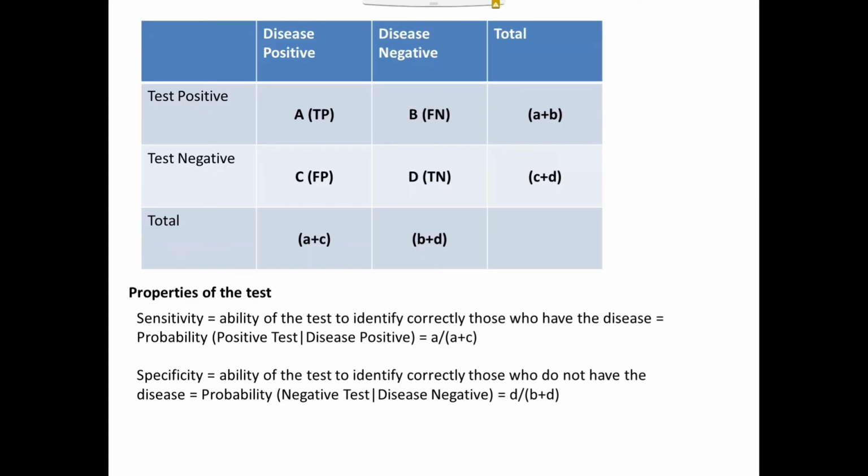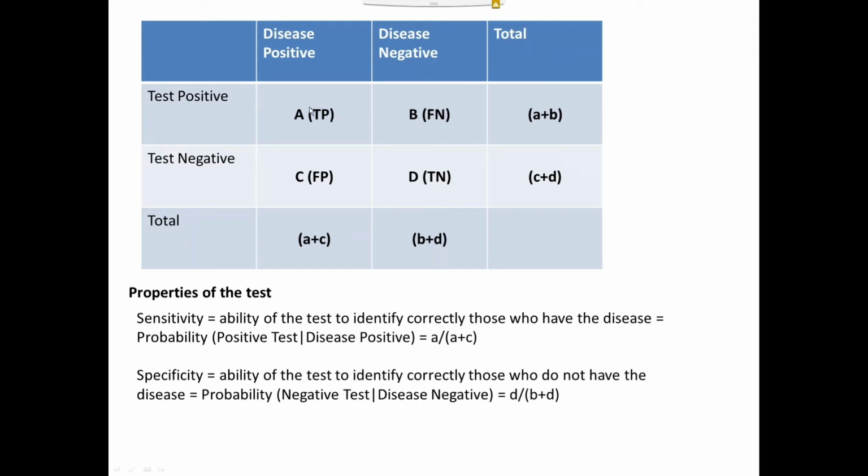So this is the standard 2x2 table that you would see in a hypothetical diagnostic test study, where you have all the patients that have the outcome assessed by gold standard test in the first column, and those that don't have the outcome assessed by the gold standard test in the second column. The first row is the people for whom your study test is positive, and the second row is for people for whom your study test is negative.